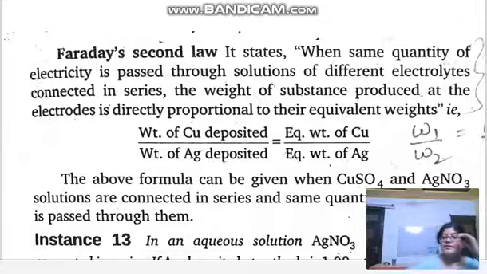For example, in a class, a teacher teaches two children for the same time, the same lessons, and tells them the same thing, but the different students get different marks. How does it happen? Because of their IQ. Similarly here, the weight deposited depends upon their equivalent weight.